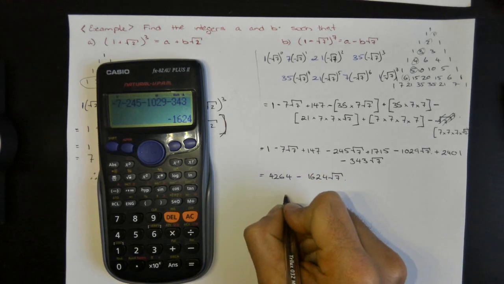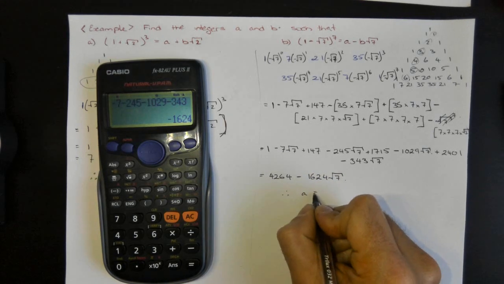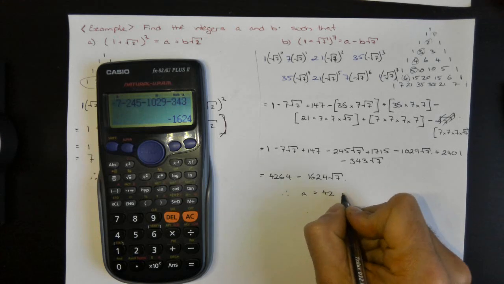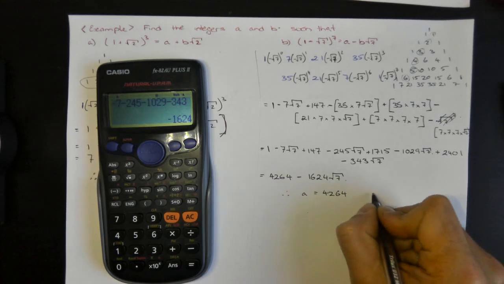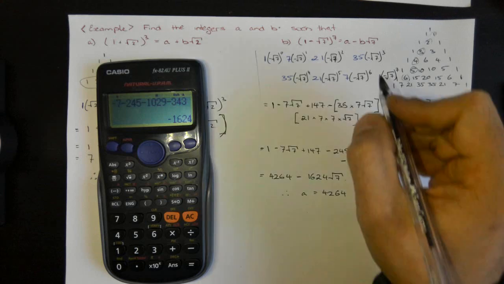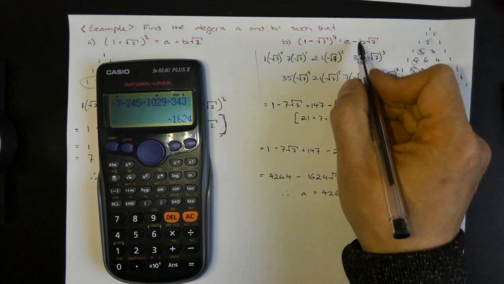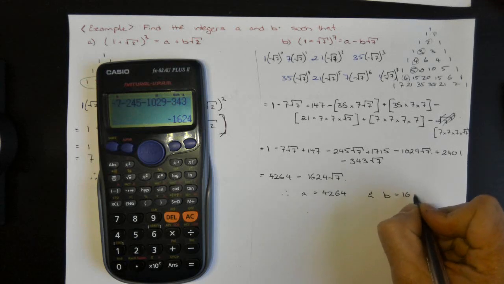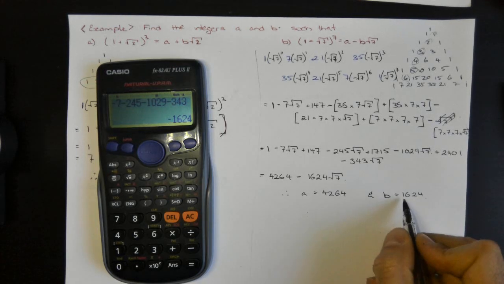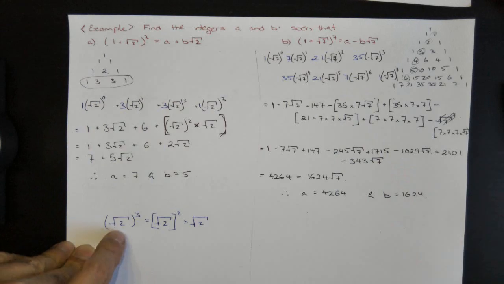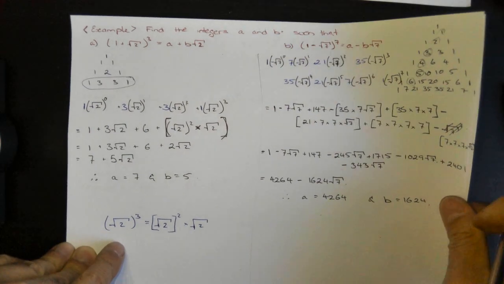So if that's the case, therefore A is 4,264 and B, because it's negative, I'm just going to write its positive value, is 1,624.